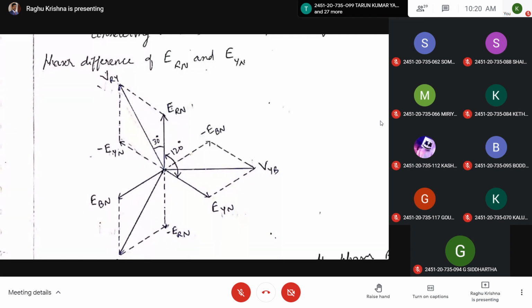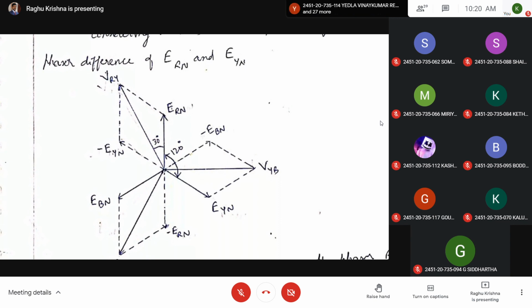So corresponding its line voltage is VRY. So VRY is 30 degrees ahead of ERN. You can see ERN, which is vertically upwards.